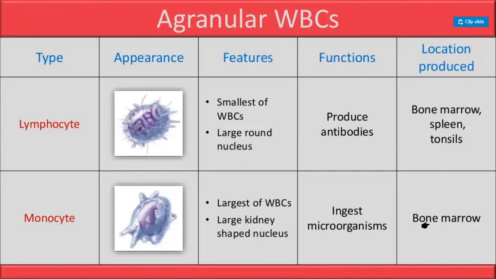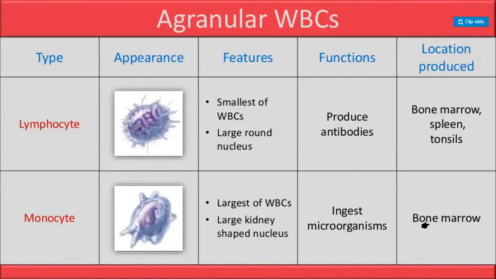And then we said that the white blood cells are of two main types, the granulocyte and the agranulocyte. So the granulocytes have a granular cytoplasm, while the agranulocytes do not have granules in their cytoplasm.